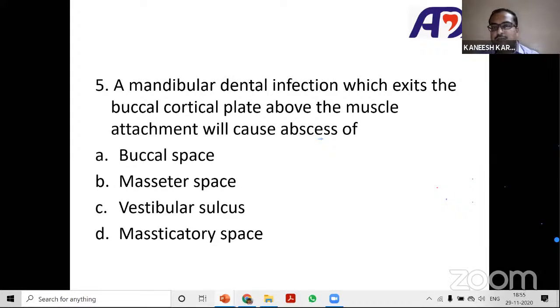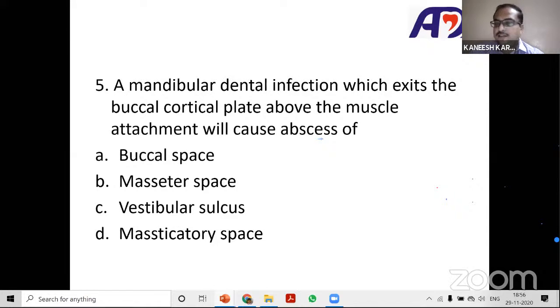A mandibular dental infection which exits the buccal cortical plate above the muscle attachment will cause an abscess of the, okay, we will see how muscle attachment helps in the spread of infection.